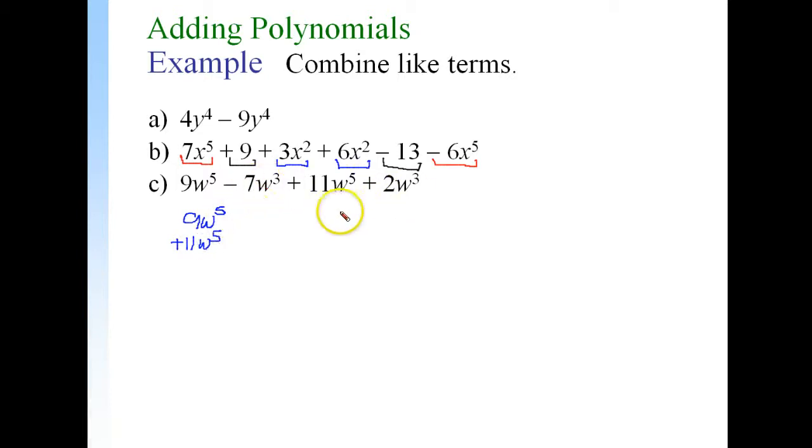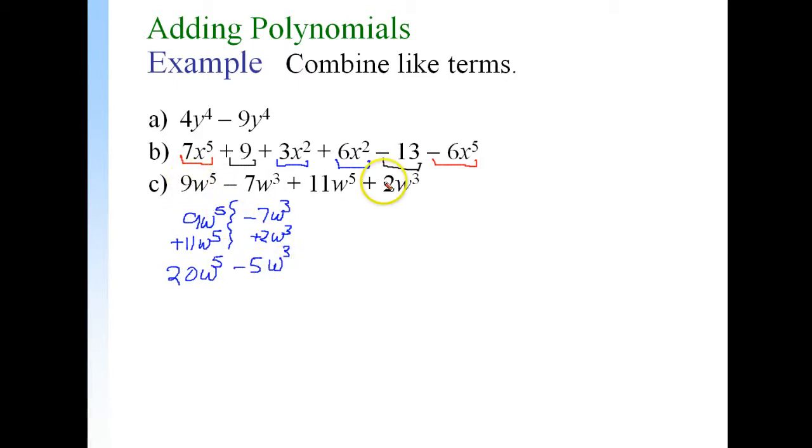Now we have a third and a third, so a negative 7w cubed, and this is going to be a plus w cubed. So in a sense, these are like terms, so that will give you 20w to the fifth, and then here we're going to end up with a negative 5w to the third.